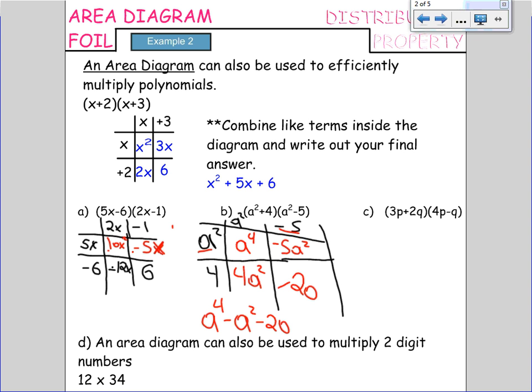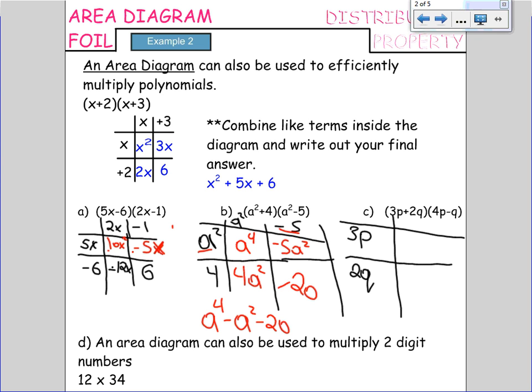This last one over here. Same thing, but now we got two variables, right? It's going to cause another problem. We got 3p and 2q. I'm going to run out of room on the side of the board.